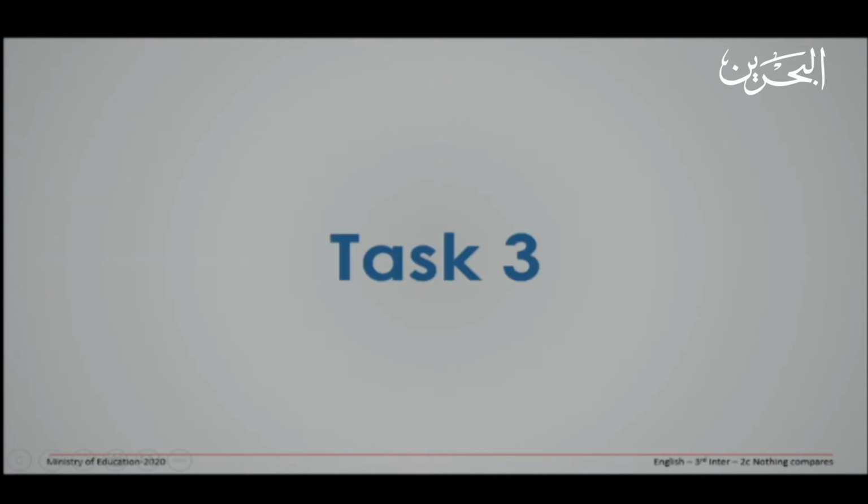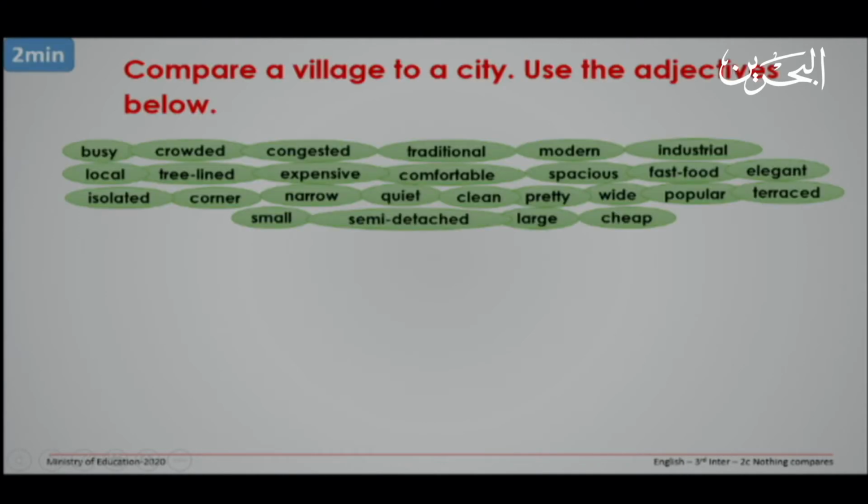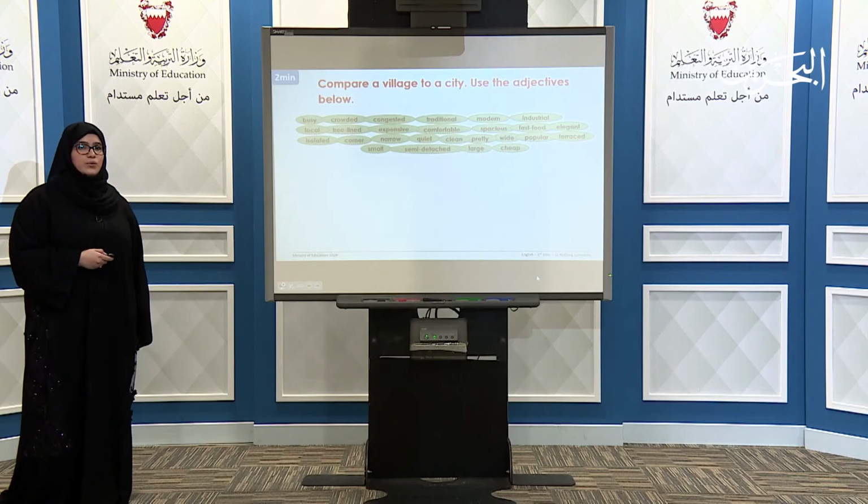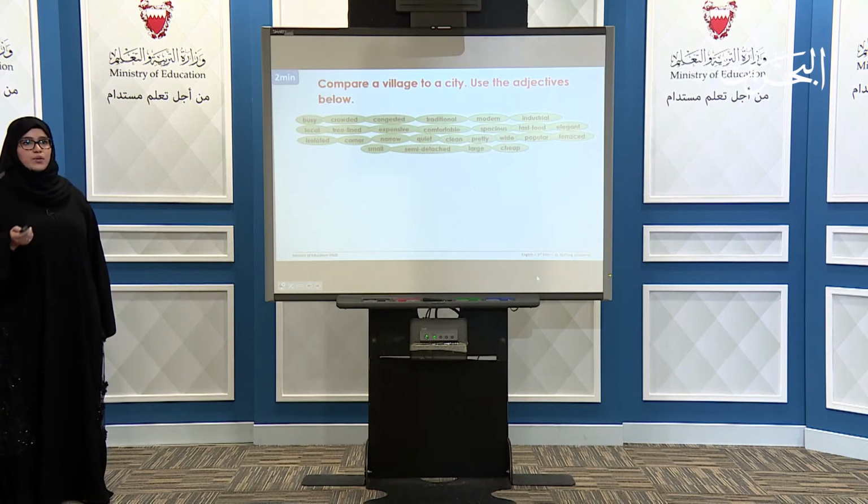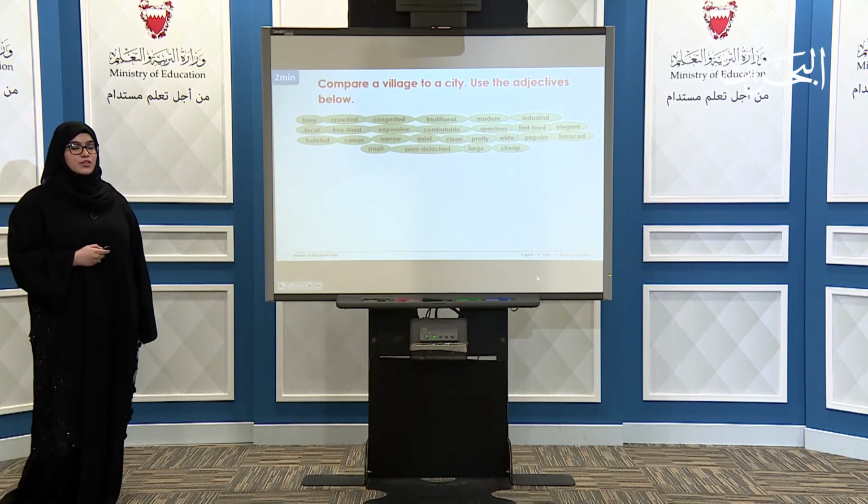Now, to task number 3. Now that we've established the comparatives and superlatives, we're going to use these adjectives to compare a village to a city. You may use the adjectives here to do so.